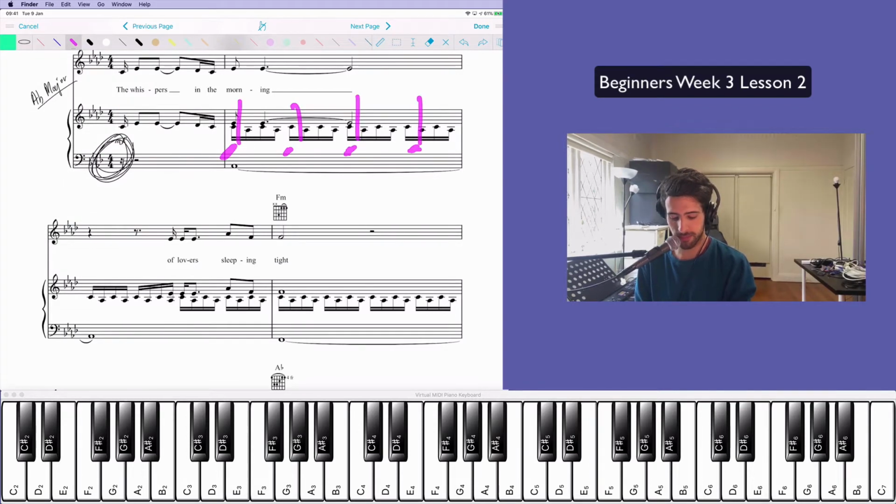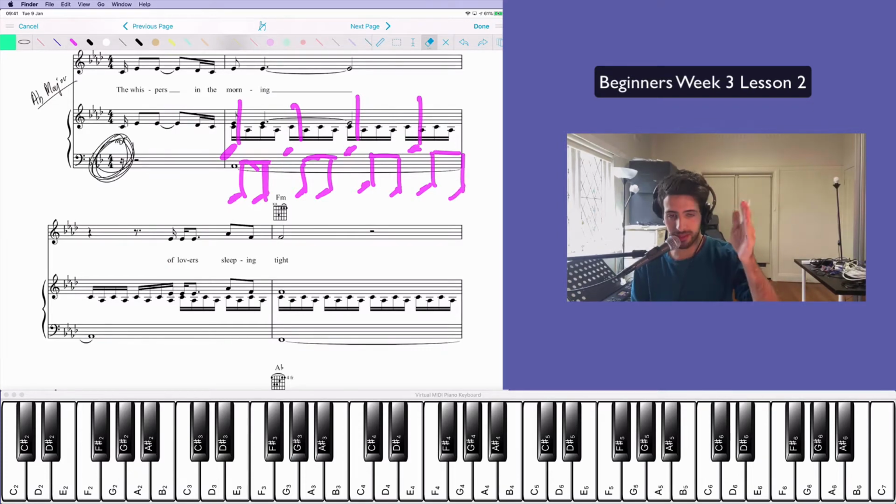Each of these crotchets go into 2 quavers. Meanwhile, quavers will commonly be grouped like this. So you won't always see the beam on its own in isolation. They'll actually be beamed together.